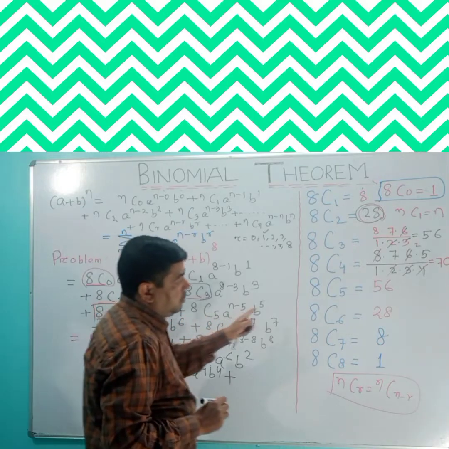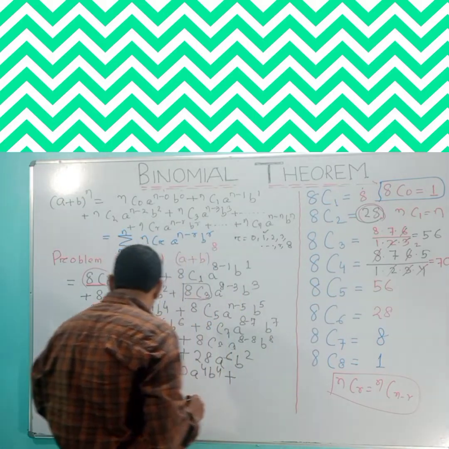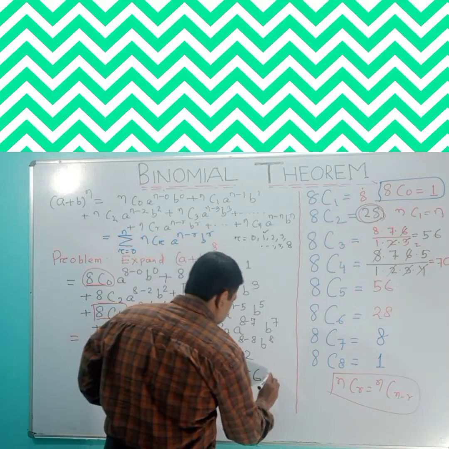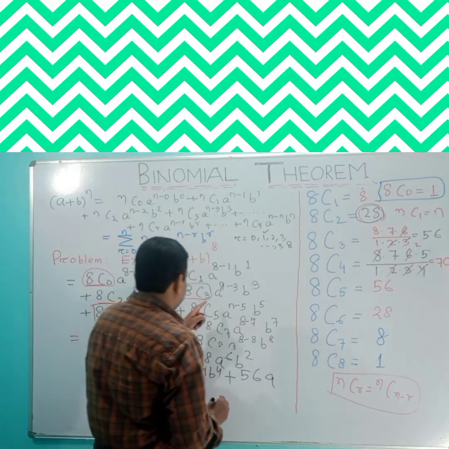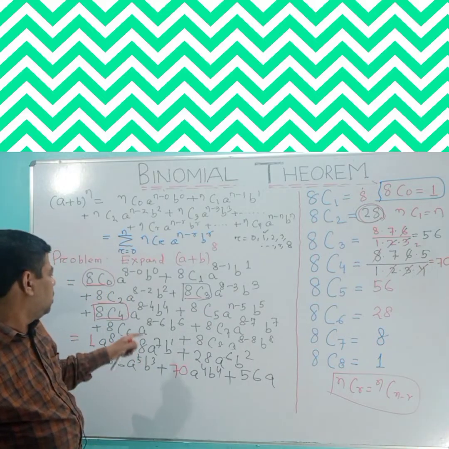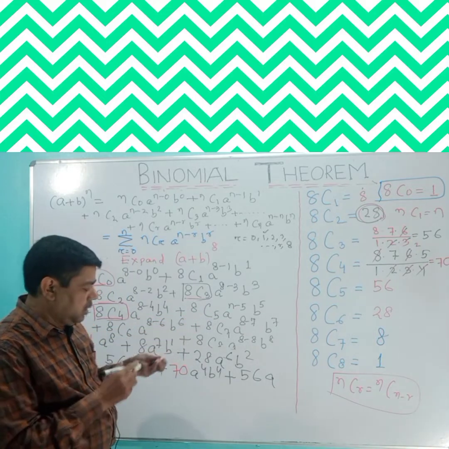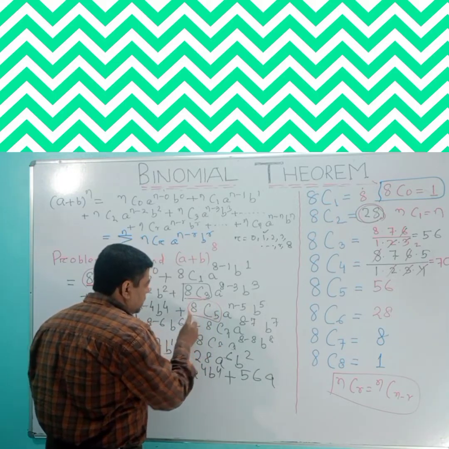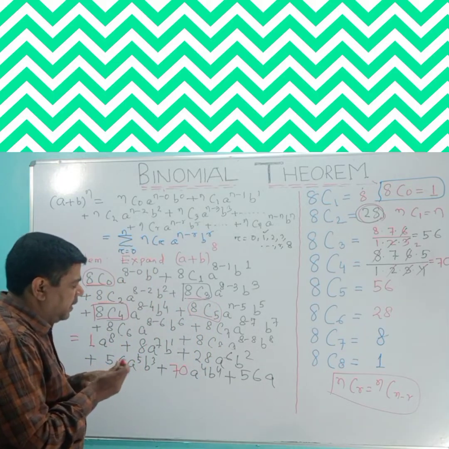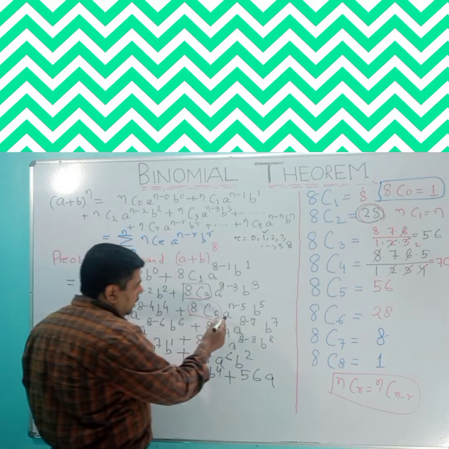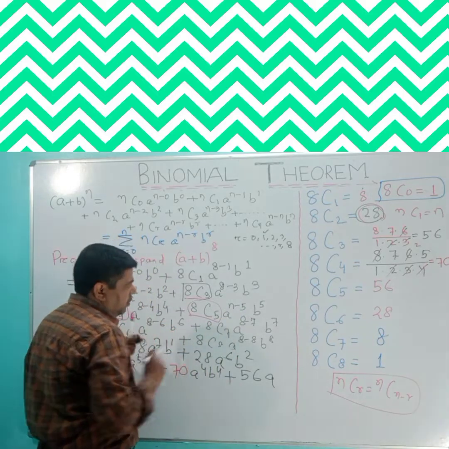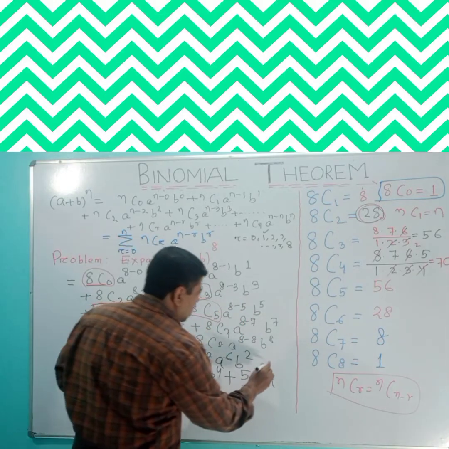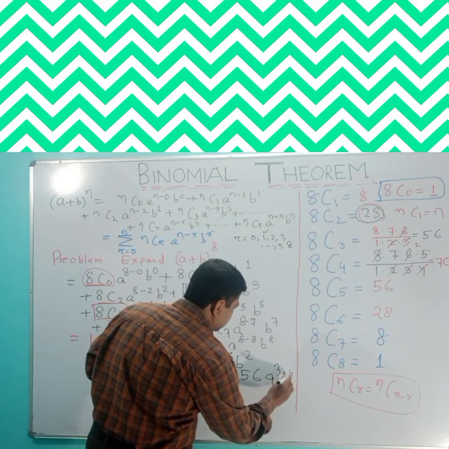And 8C5, the value of 8C5 is 56. Similarly, a to the power n minus r, where r is 5, and in place of n you can write 8. 8 minus 5 is 3, and b to the power 5.